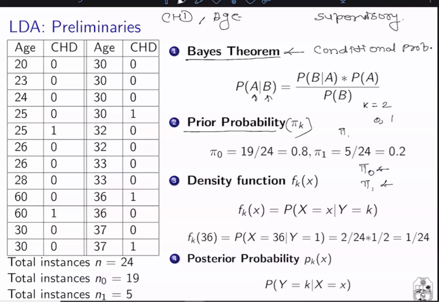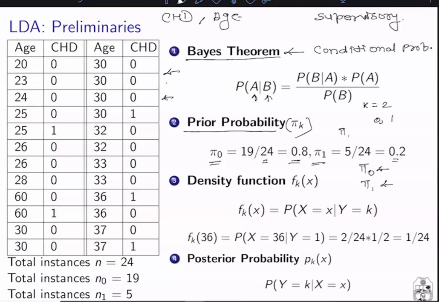In this particular example we have calculated pi 0 and pi 1, which are equal to 0.8 and 0.2, because we have 24 instances in our data set. Out of those 24 instances, 19 belong to class 0, and that's why the probability of taking a random observation belonging to class 0 is 0.8.